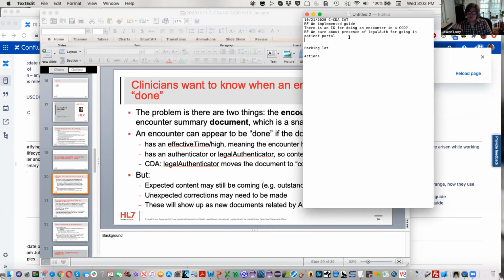And so we captured that, and we gave a lot of leeway about that, but we also left a note in there saying we should talk to structured documents and find out if they have anything more to say about this. Well, I think the reason it has to be signed on the payment side is that per their contract they are legally attesting that they provided that care. No, they're legally attesting that the document is correct. Is that correct? Yes.